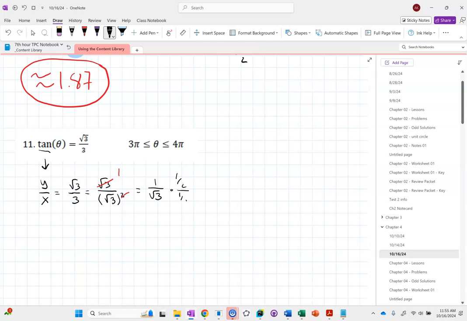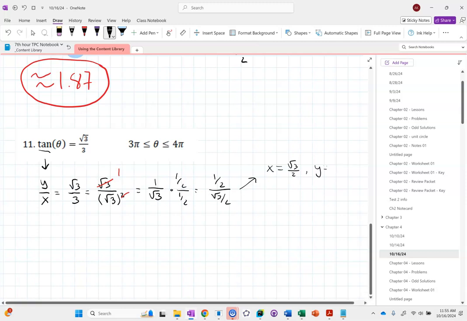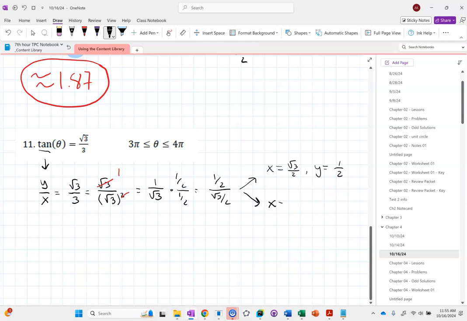So if I just think about multiplying the top and bottom by 1/2, I see that what I'm looking for is either that point or that point. Either where they're both positive, or they're both negative.